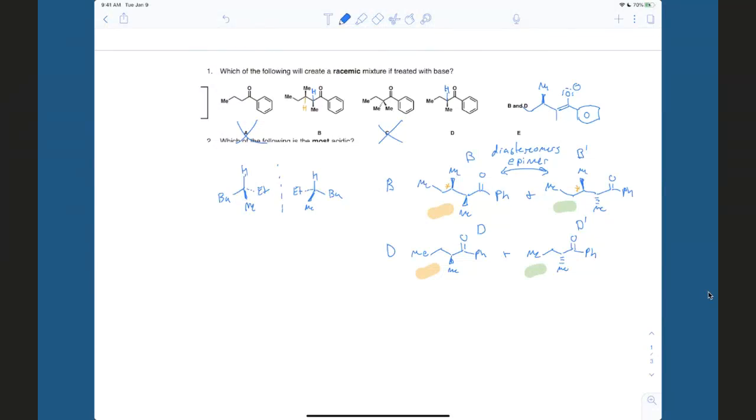So the thing is, in order to make an enantiomer of B, you would have an inversion of both of the stereocenters.